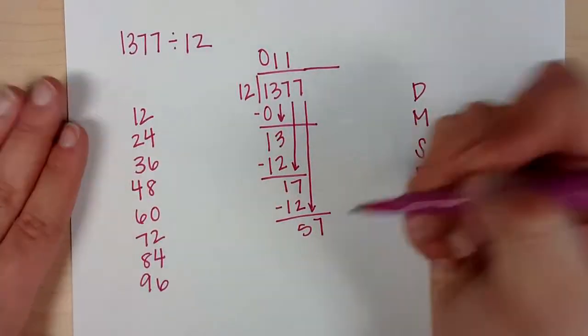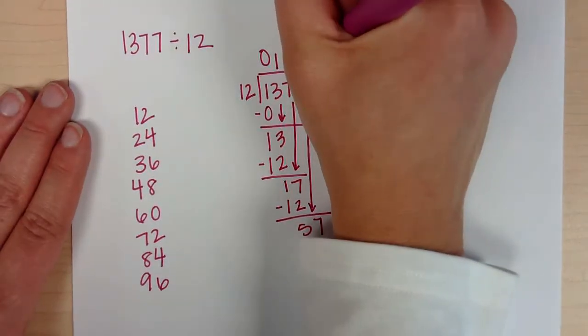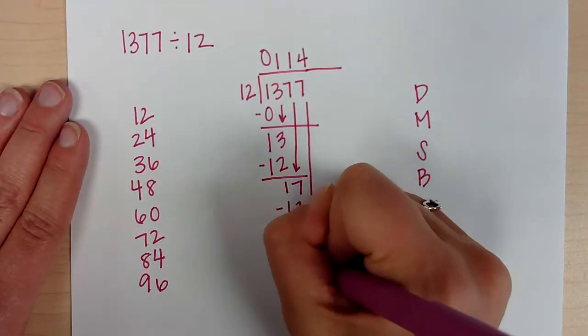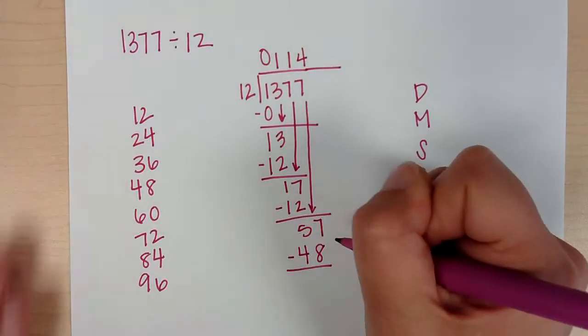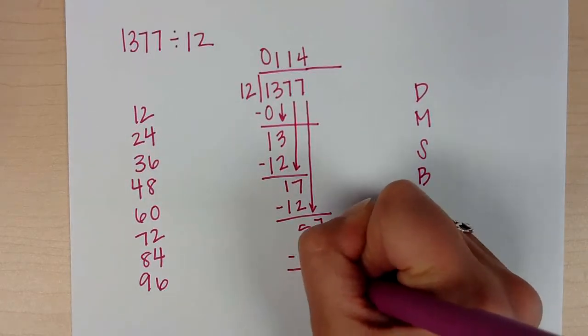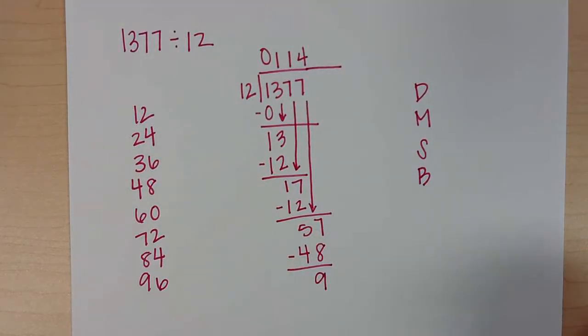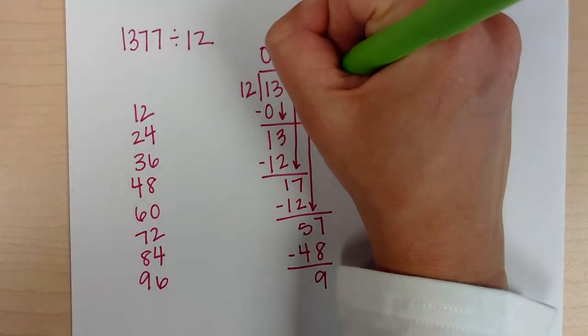12 goes into 57 1, 2, 3, 4 times. 12 times 4 is 48. Subtract. 57 minus 48 leaves me with 9. Now, again, I've got the remainder here. So I drop my decimal.